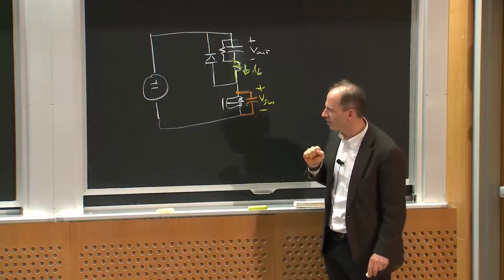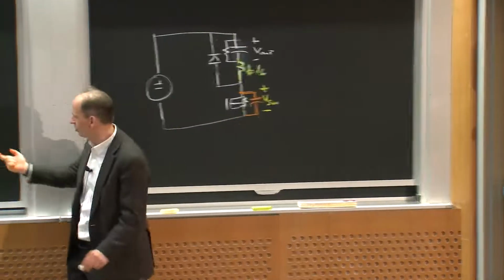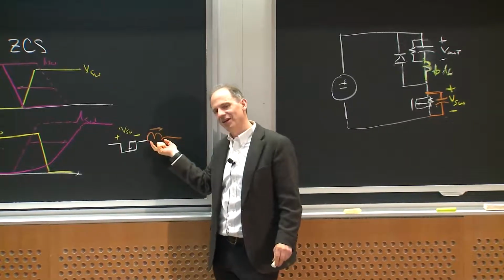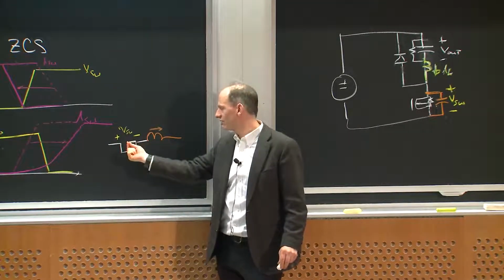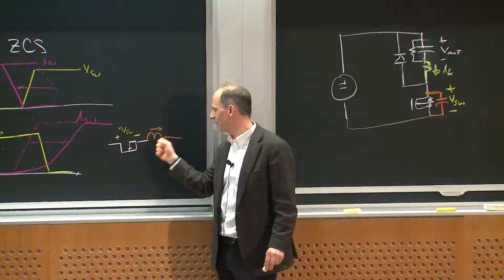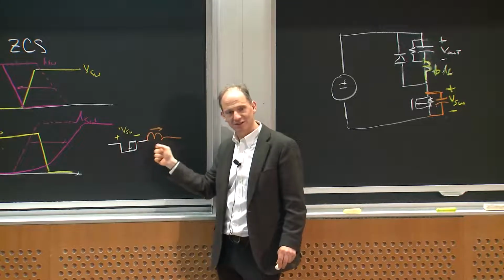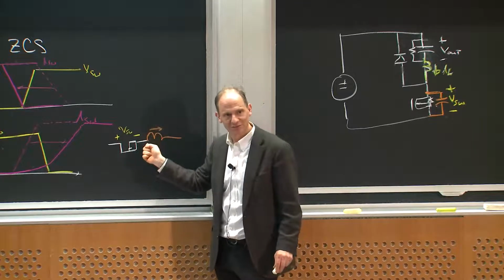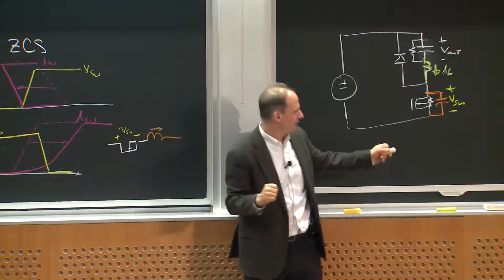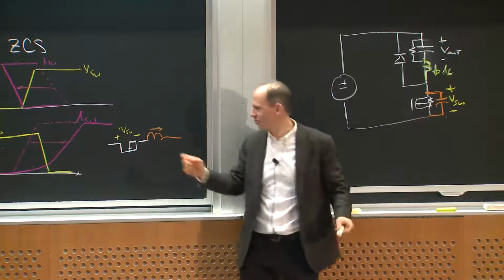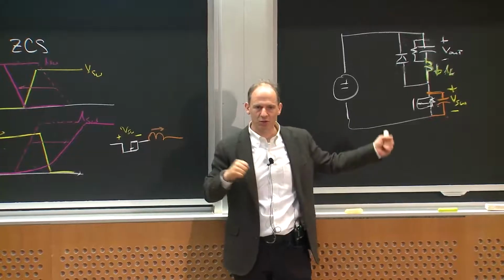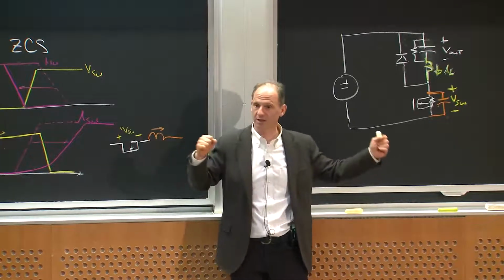On the other hand, if I had a switch that was in a package with a huge inductance, right, turning this on and off with zero voltage will not help me if I have energy stored in this parasitic inductance, right? So depending upon whether I had a lot of capacitance or a lot of inductance, I might think about doing one or the other.